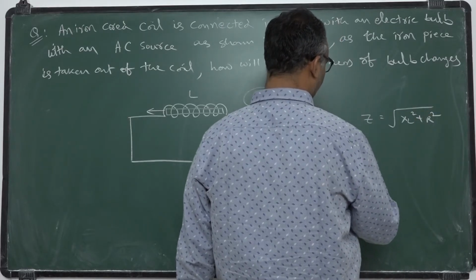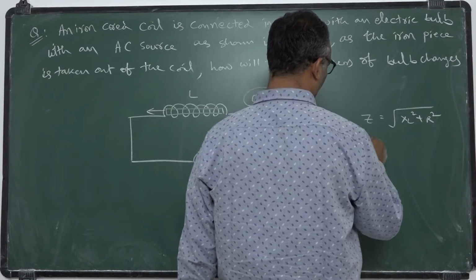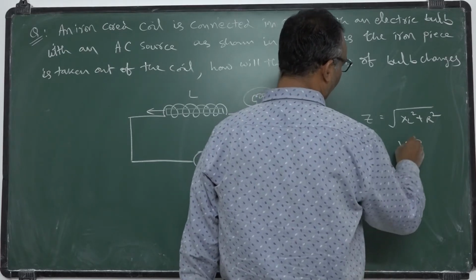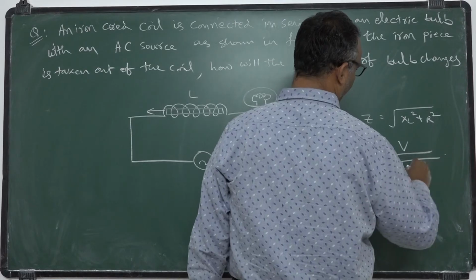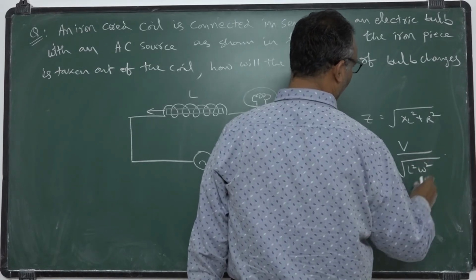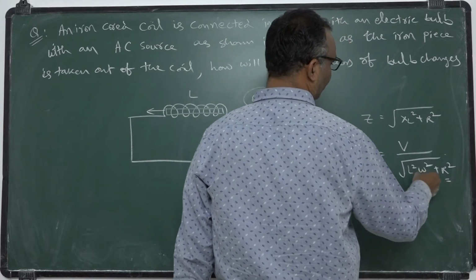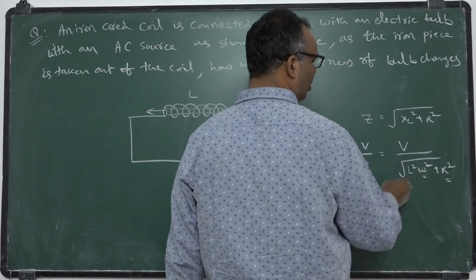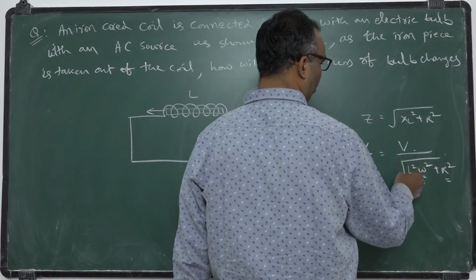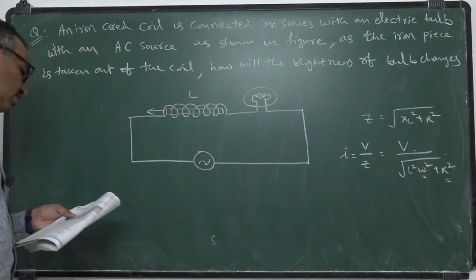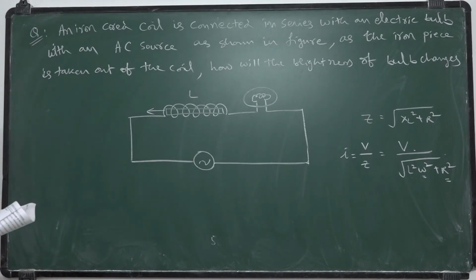So current passing through the circuit is applied voltage by impedance, applied voltage by square root of L square omega square plus R square. We are not changing R. We are not changing omega. We are decreasing L value. When L value is decreasing, current passing through the bulb increases, hence the brightness of the bulb increases.